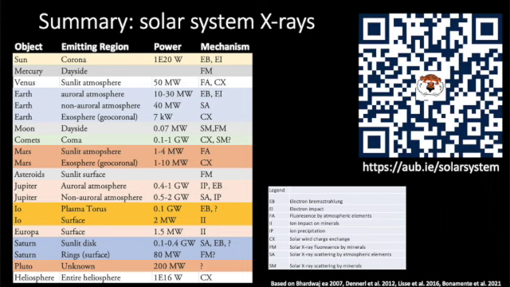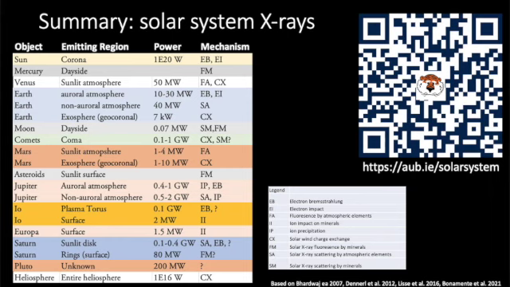In the leftmost column, you see the name of the object and its approximate distance from the sun. I explain what the emitting region is. There's a rough estimate of the total power output, the luminosity of the objects in X-rays, and a brief summary of mechanisms that have been identified that may be responsible for that emission.